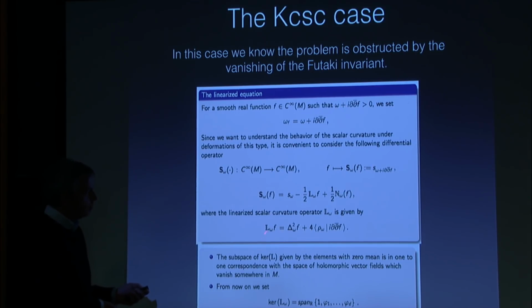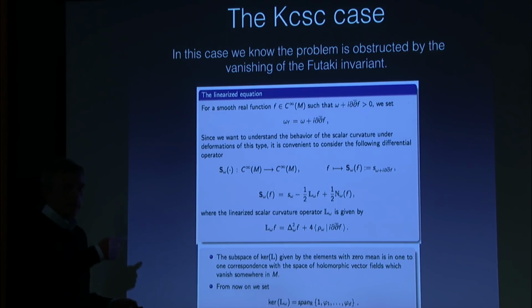And actually, they were able to completely characterize the kernel of this operator in a very beautiful geometric form. So something is in the kernel of this operator if and only if you produce a complex vector field by the standard operation I described, then this becomes holomorphic.